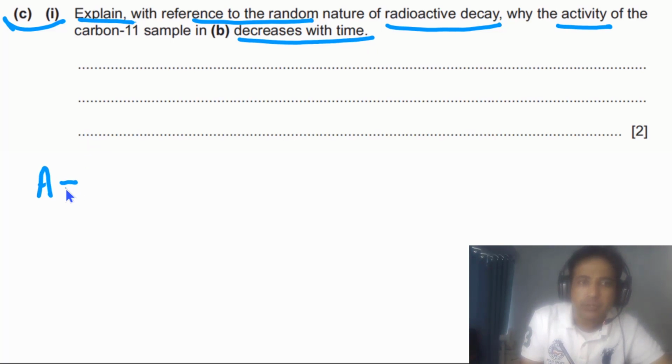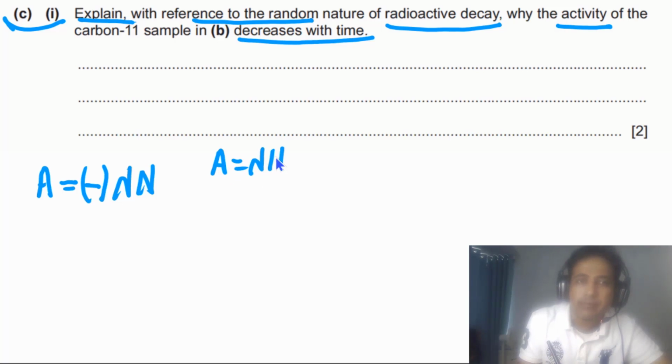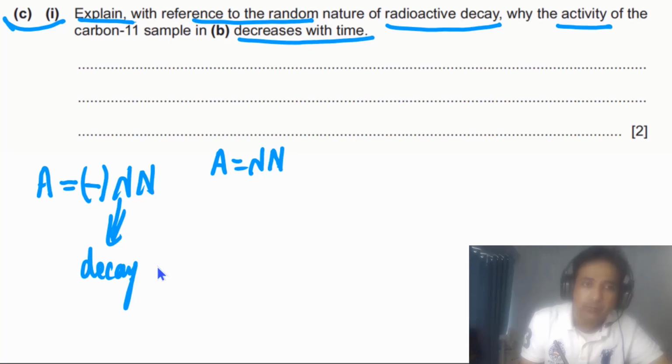For this one, you need to understand that activity is equal to minus lambda N. Minus simply tells us that the number of nuclei decreases with time, but most of the time in physics we write A is equal to lambda N. Lambda here is the decay constant, so you need to understand the meaning of these symbols.